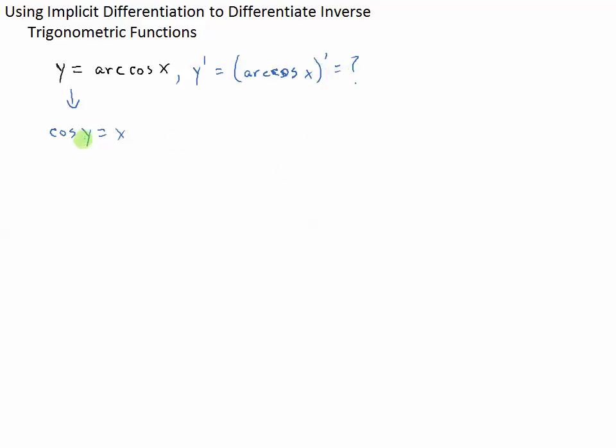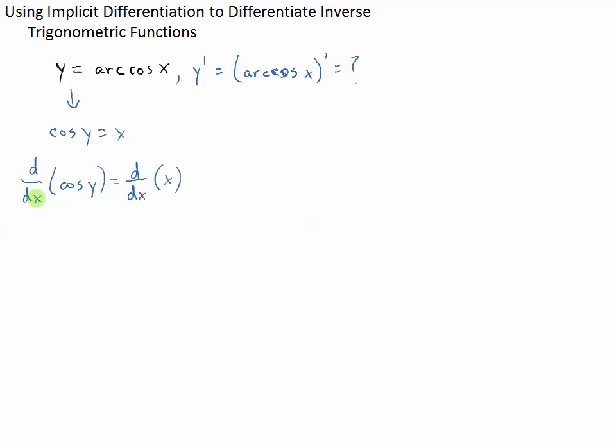So we can do that by taking the derivative with respect to x of both sides, remembering that y is a function of x, we have to use the chain rule there.